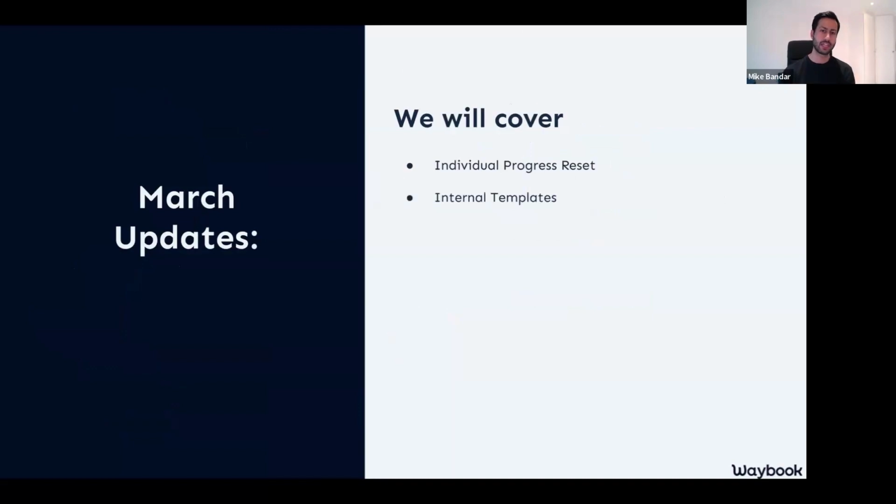We have the big release of internal templates that we haven't officially launched yet, but it's one of those features that people have used a huge amount before people are even meant to know about it. So I'm really excited to make sure everybody else knows. We then have quite a lot of updates when it comes to integrations. So new integrations, optimizations of existing integrations, and also we have a feature that I'm so excited about.